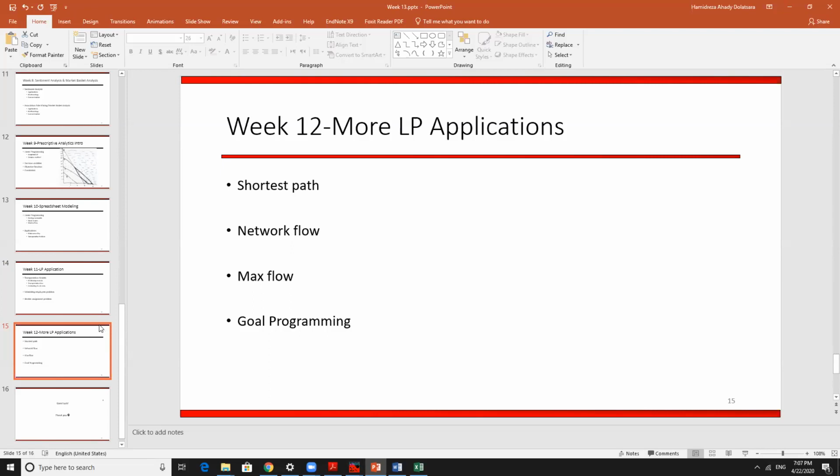So the applications last week were shortest path, network flow, max flow, and goal programming. You might remember goal programming is the most challenging because you have several flexible goals that you need to justify, and the way that you justify it might be a little challenging.